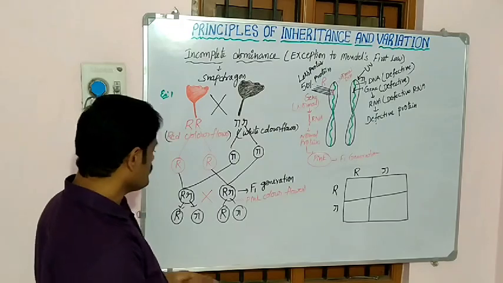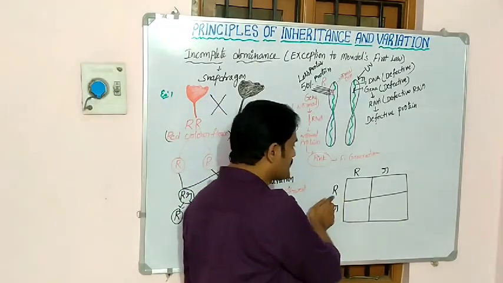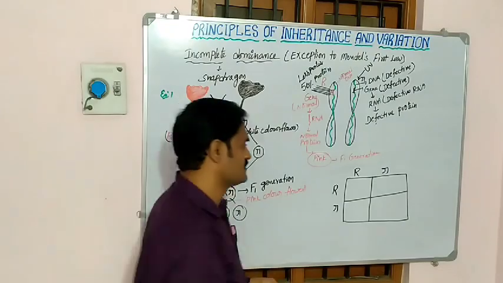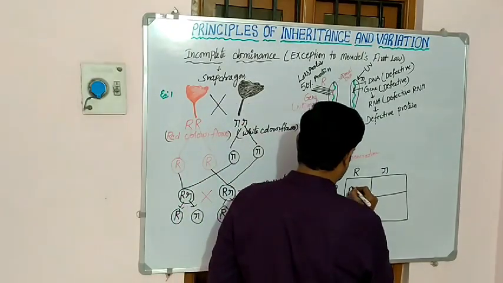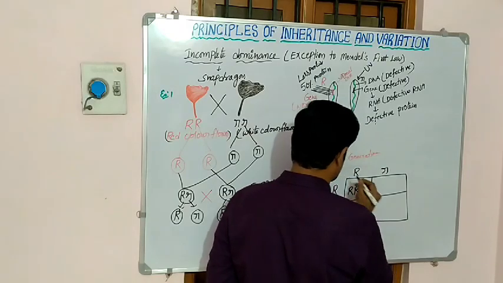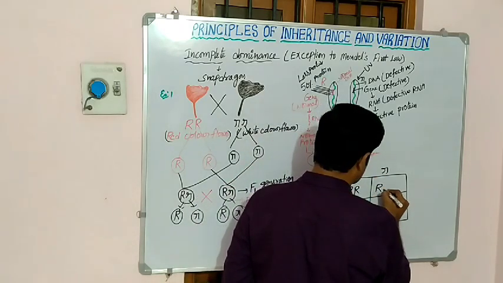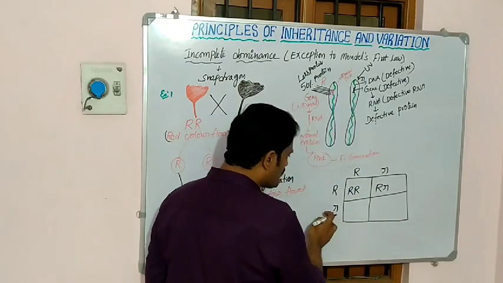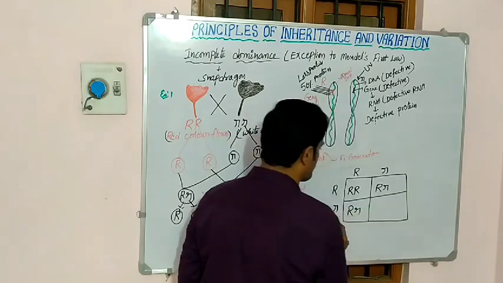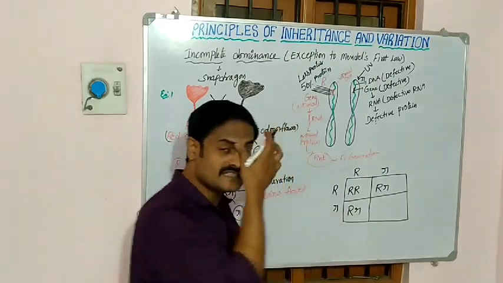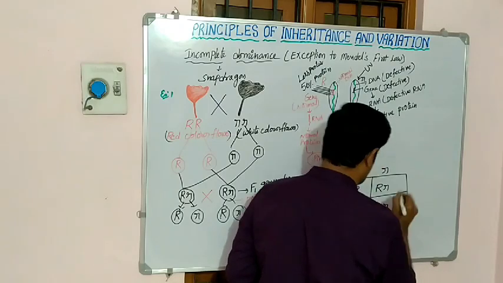Okay. When we fuse the gametes to each other, capital R is fused with capital R. What kind of gametes are we seeing here? Capital R, capital R. Then capital R is fused with small r, capital R, small r. Then small r is fused with capital R, and small r is fused with small r. Small r, small r.